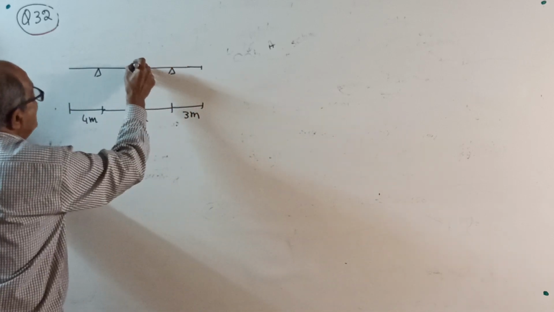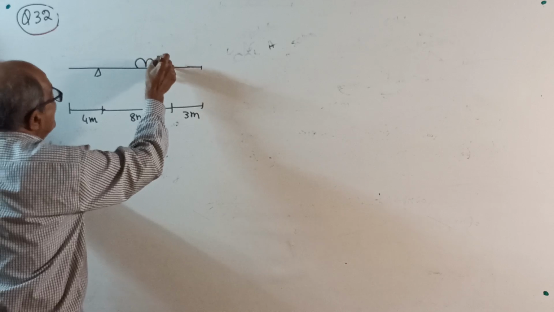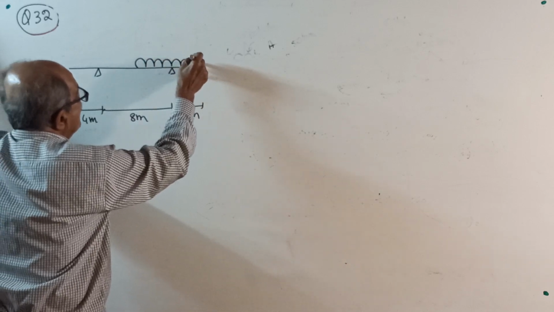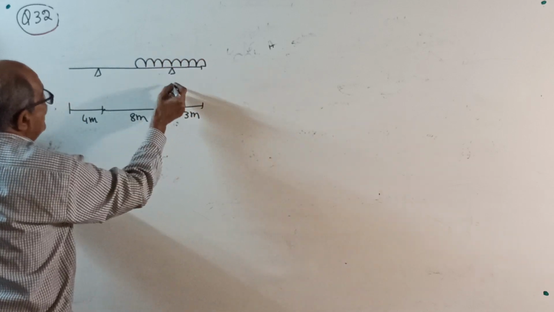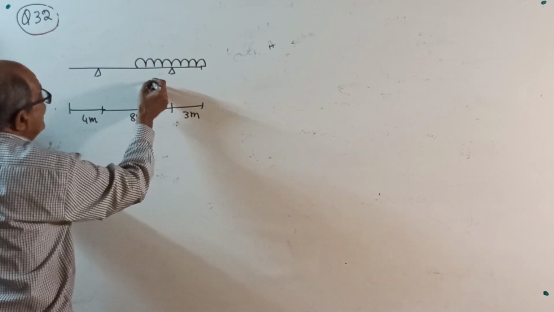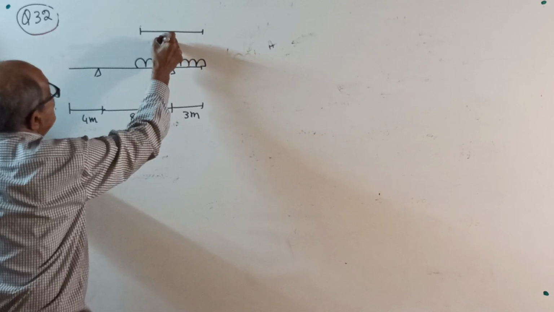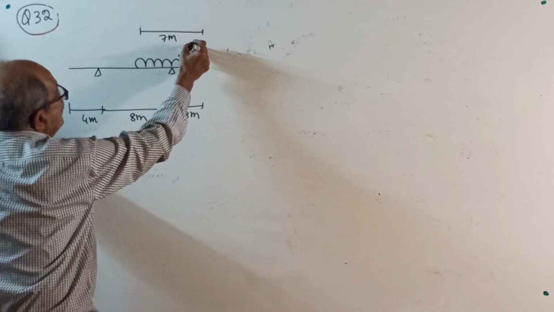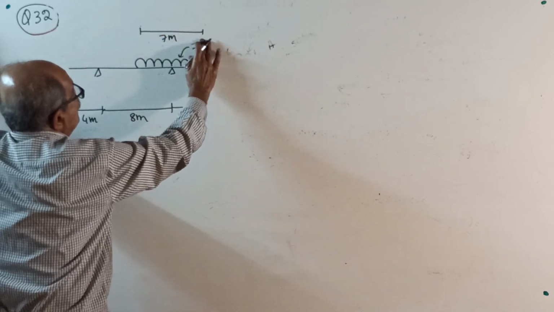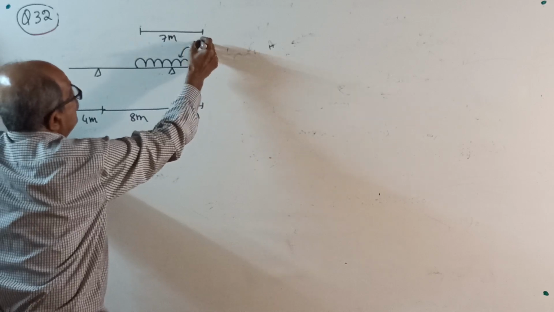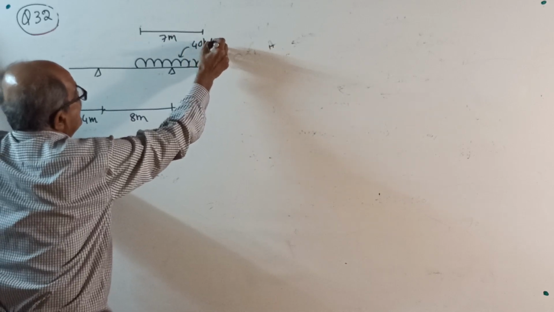I will put UDL here. This is 3 meter. The total loaded length of UDL is 7 meter. UDL of, I want a round number, 40 kilonewton per meter.